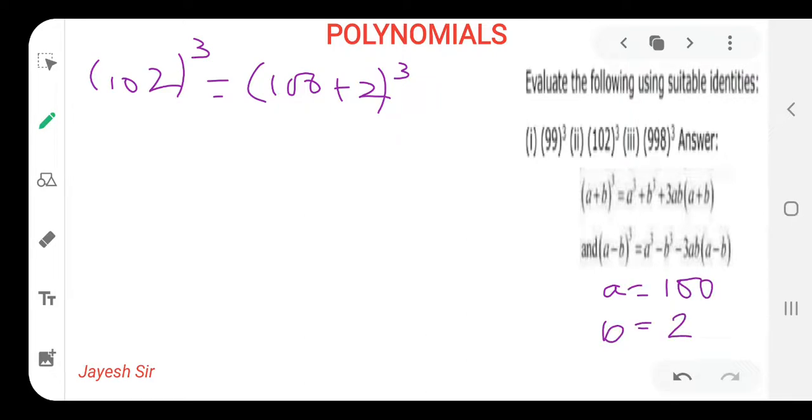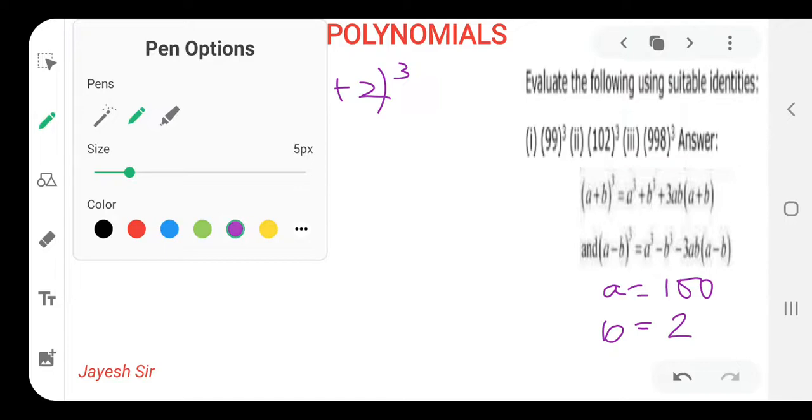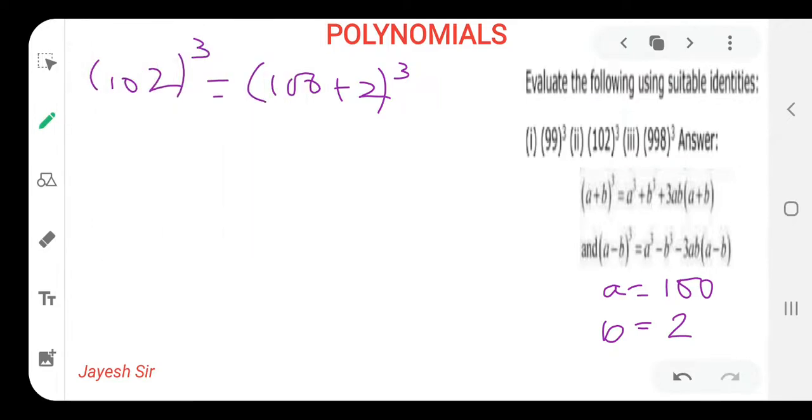I hope you all are getting it till now. We have to now write the equation and then put the value of A and B over here, that is cube. We have to just write the formula and now put the value of A and B in the right hand side of the given formula.